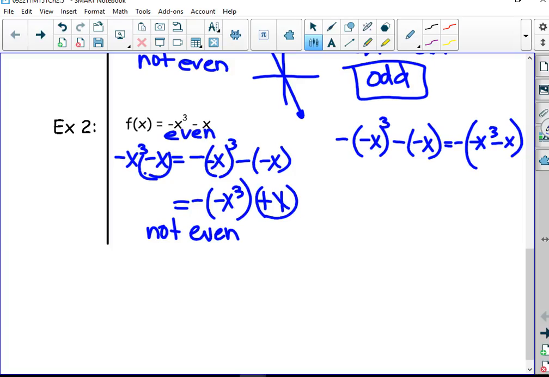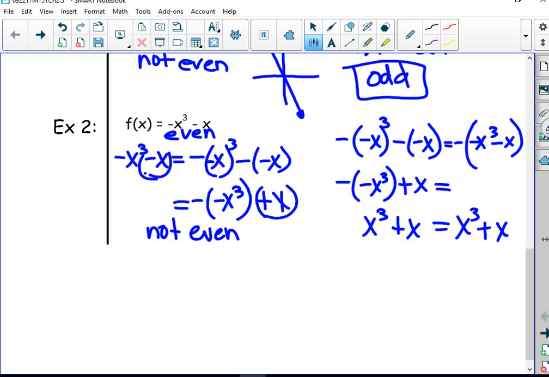So if I simplify, then I'm going to get a negative x to the third, so that goes positive. And on the right-hand side, distributing that negative on the outside of the parentheses to both terms also gives me a positive. So it is an odd function.